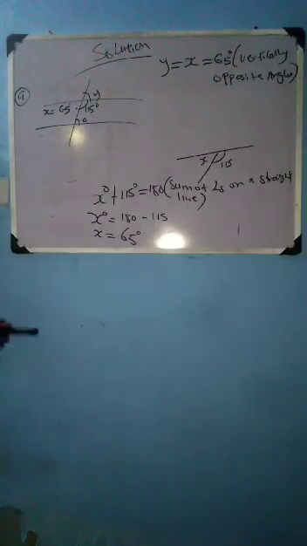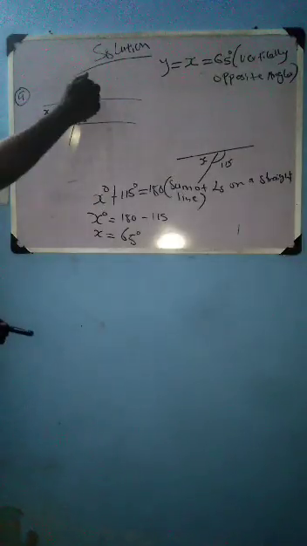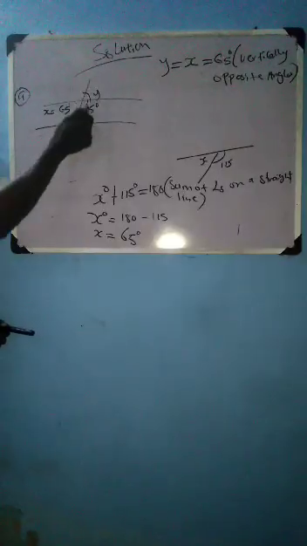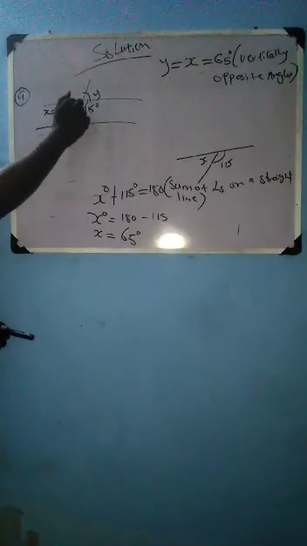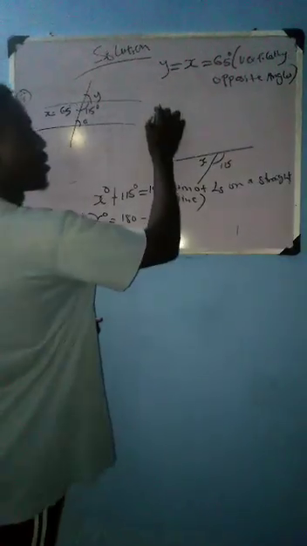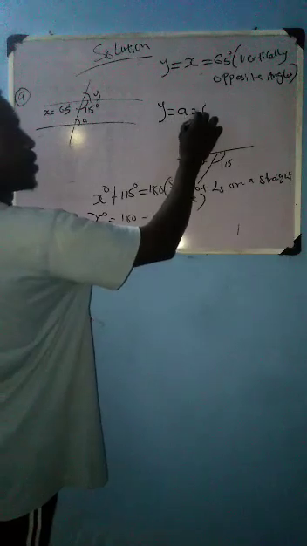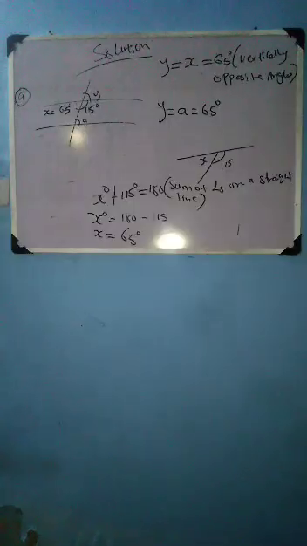Meanwhile, watch this. Look at this. Angle y and angle A are what? Corresponding angles. They are in the same direction. So corresponding angles are what? Check your theorem. Equal.